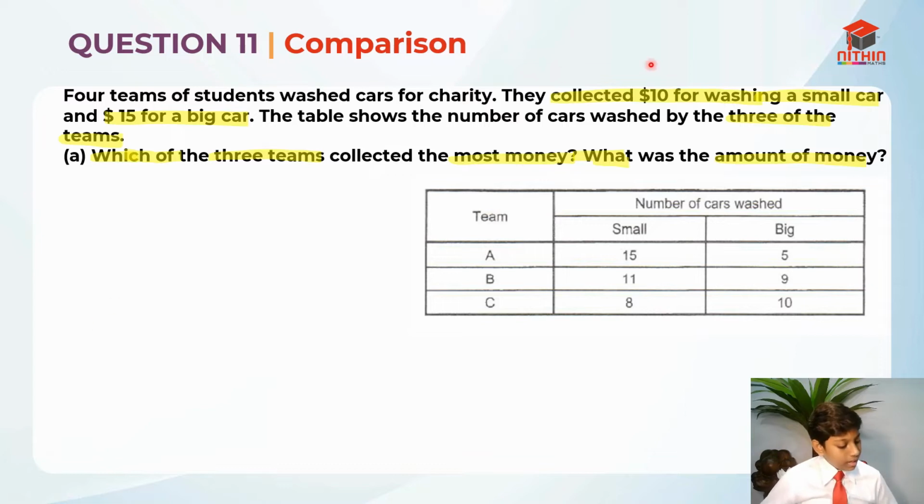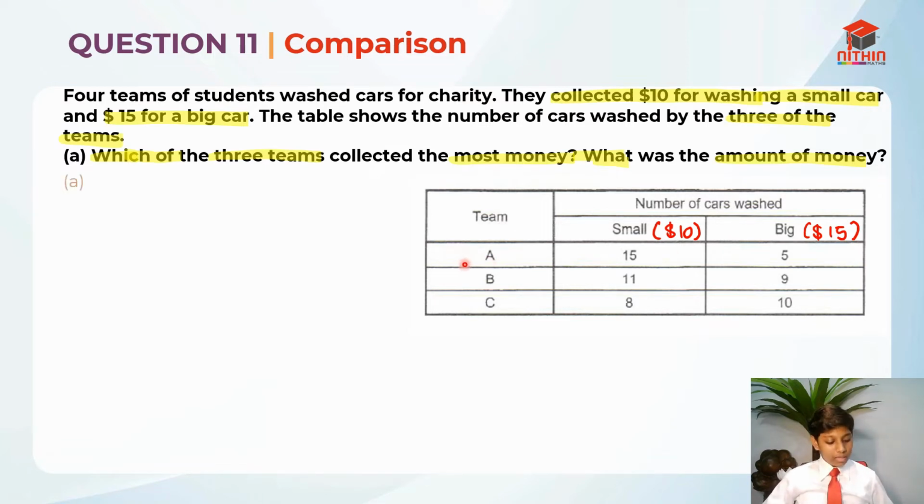So we know that $10 is for a small car, so let's write that down. The small car is $10. For the big car, it is $15. So we should find the amount of money collected by each of the teams.